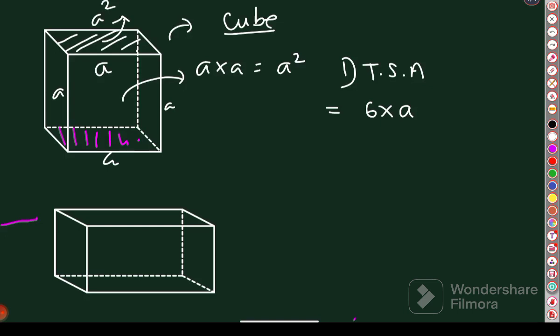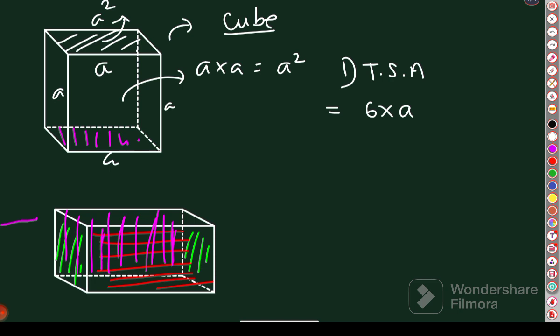These four sideways surfaces are called the lateral surface. For example, the right side, the left side, the front face, and the back face.